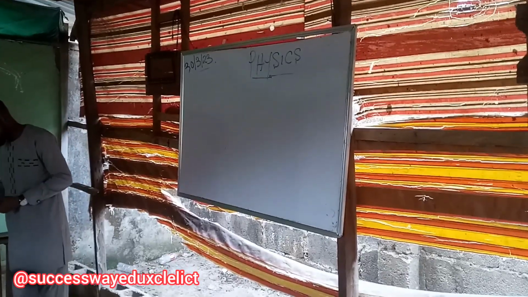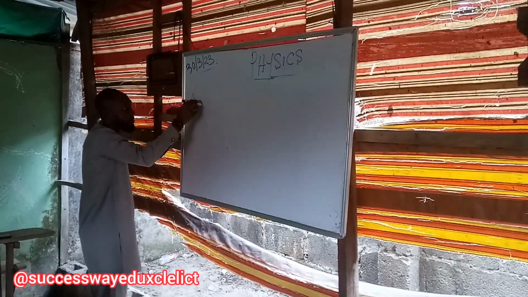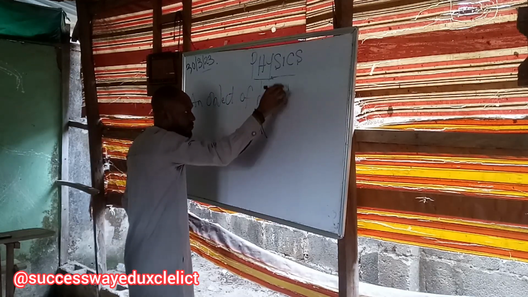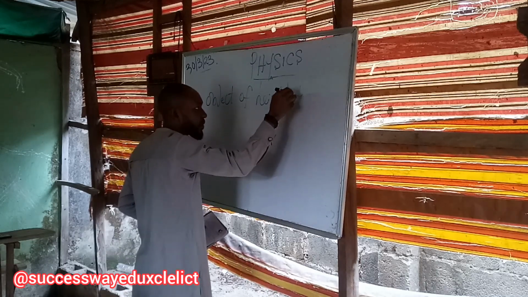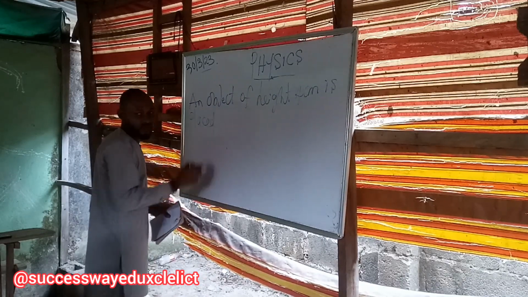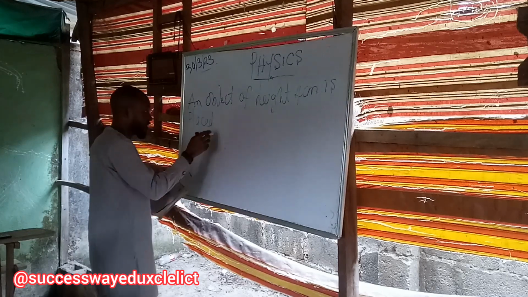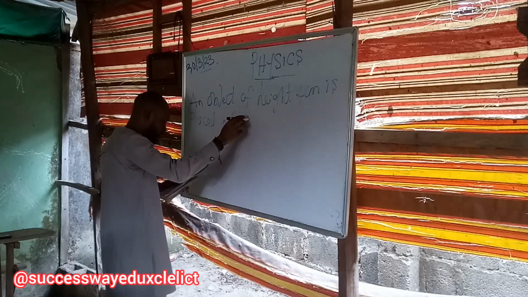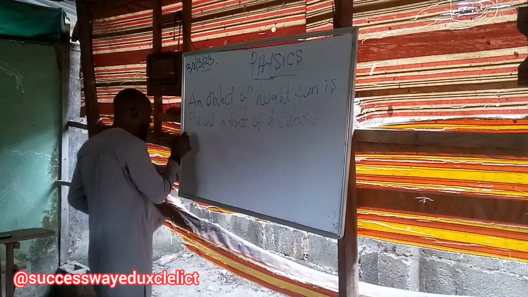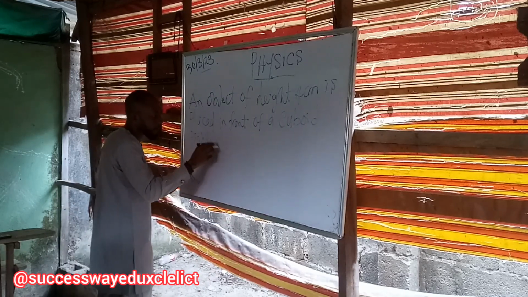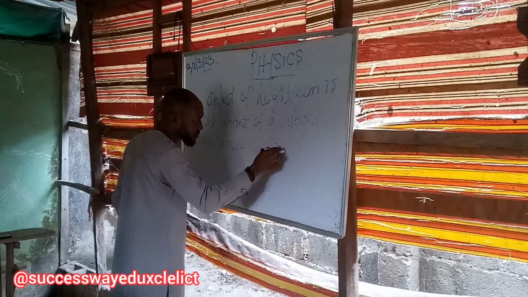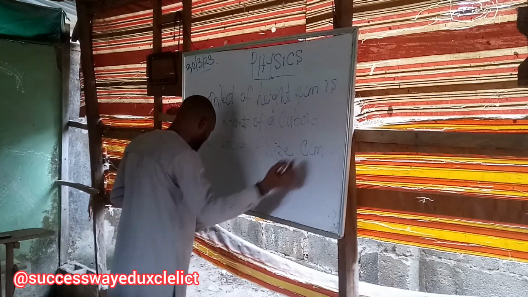An object of height 4 cm is placed in front of a cuboid pinhole camera of size 6 cm.